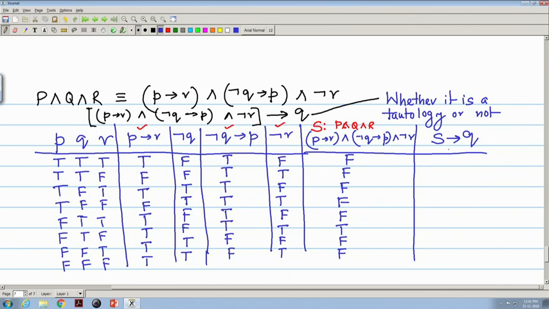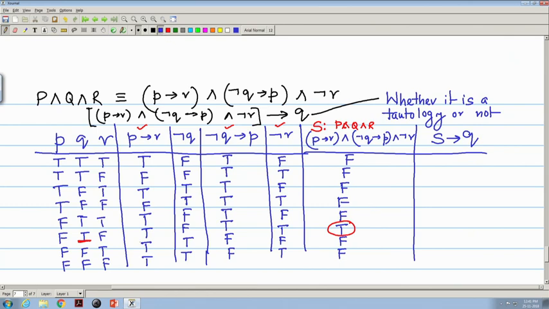So, S implies Q. Now, see this is S, and except this one, in all cases it will be vacuously true. Except this, where S implies Q, Q is T and this is also T, so this becomes true.